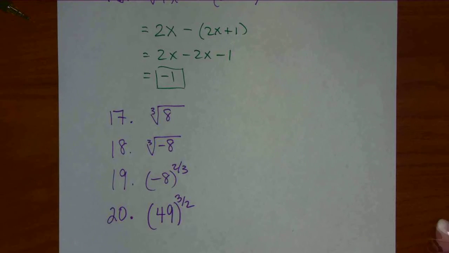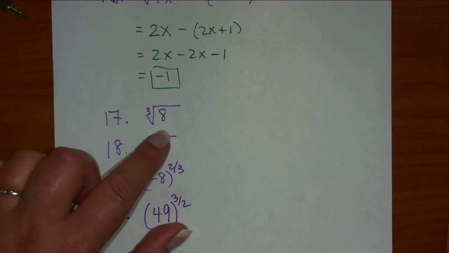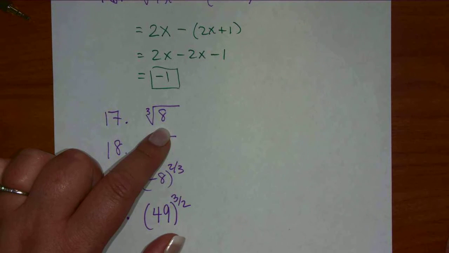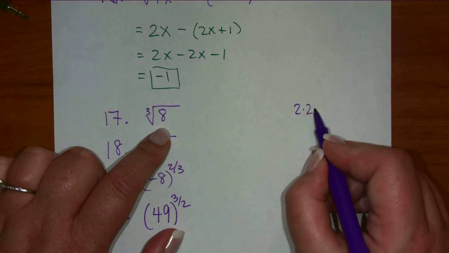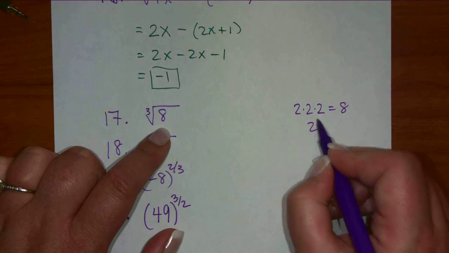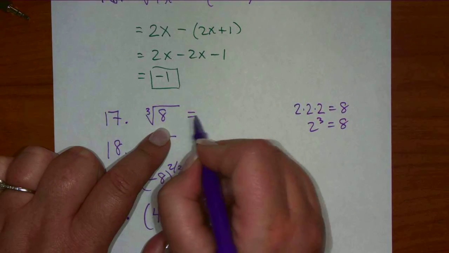So cube root instead. So this could go for any root, 4th root, 5th root. How does it work? Instead of square root, which is 2 numbers to give whatever's under the root, we need 3. So what 3 numbers multiply to give 8? 2. 2 times 2 times 2. Or 2 cubed is 8, so the answer to this is 2.